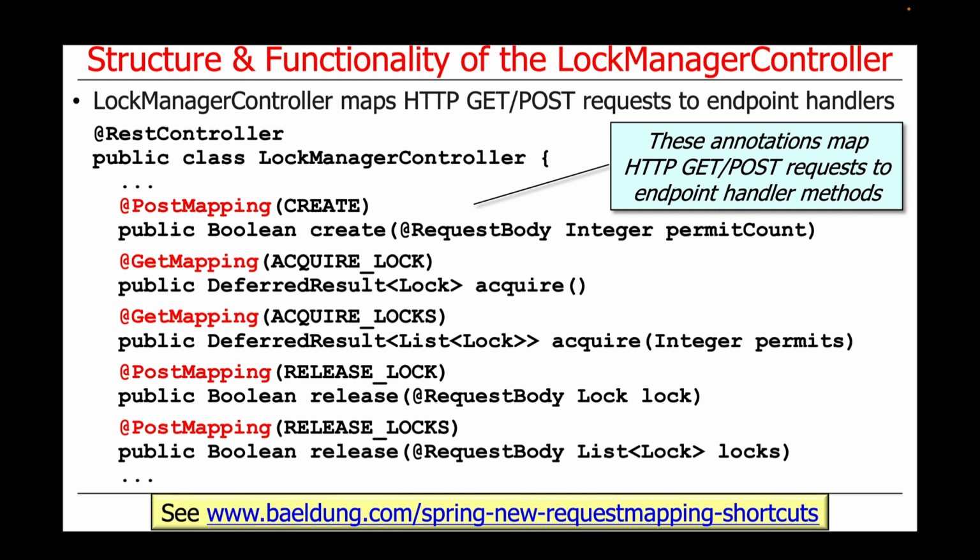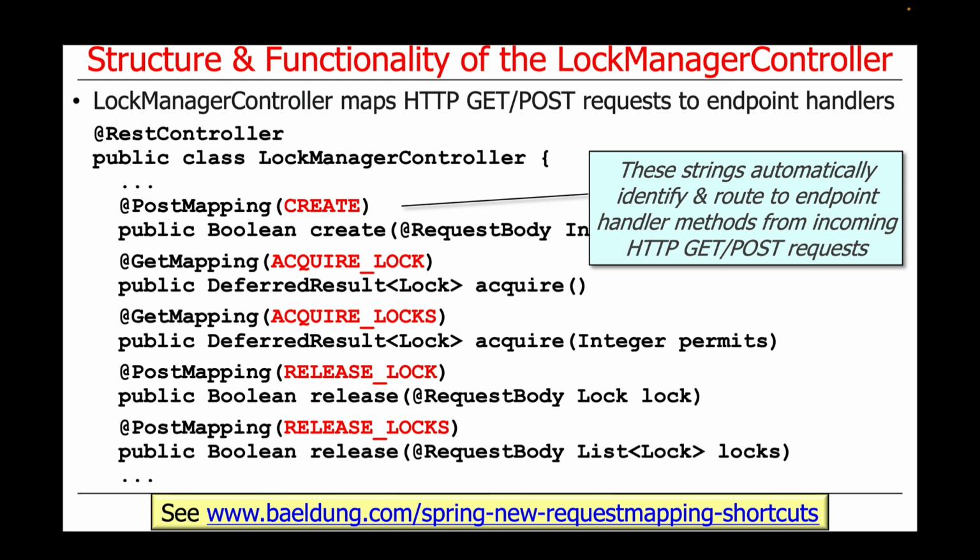As you can see here, we use our conventional @PostMapping and @GetMapping annotations to instruct Spring to map incoming HTTP GET and POST requests to these particular endpoint handler methods. And also, again, no surprise, we define paths that are used to indicate what those methods will correspond to in terms of the path portions of an HTTP URL.